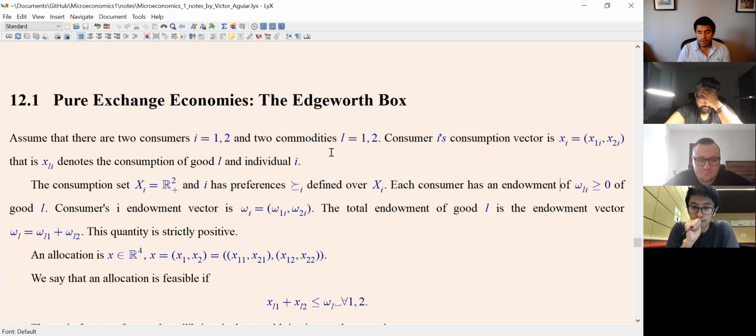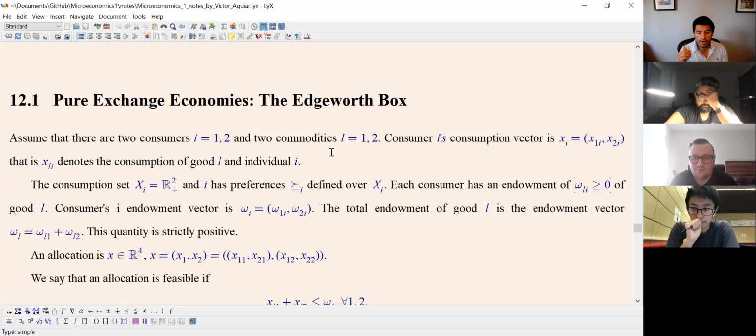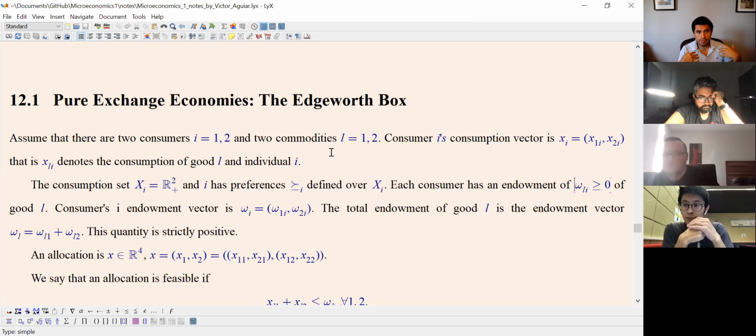Each consumer has an endowment. So remember, what was endowment? An endowment is the physical quantities that there is in an economy of different goods. So I want you to imagine an experiment where I bring two of you, two students, to a laboratory. And then I give you an initial allocation. So I have an experimenter.